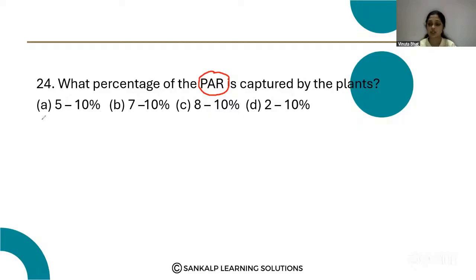Option A 5 to 10%, option B 7 to 10%, option C 8 to 10%, option D 2 to 10%. So here the correct option is option D, 2 to 10%. That is called PAR, photosynthetically active radiation.